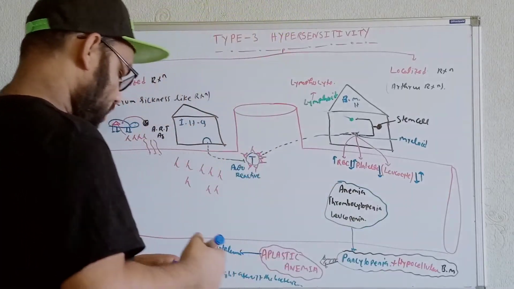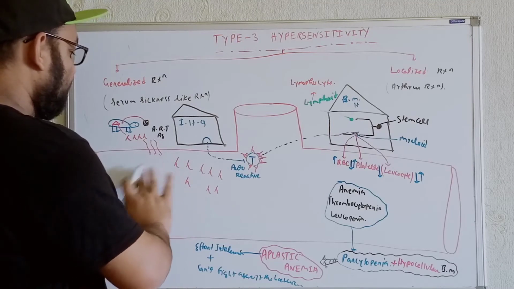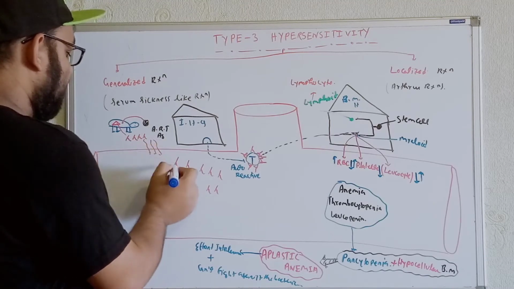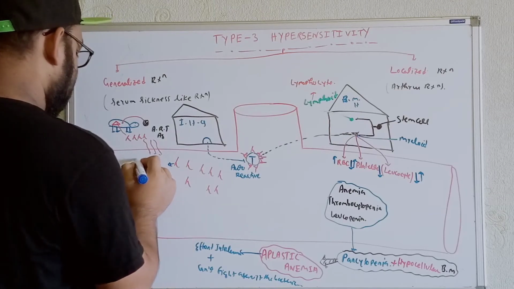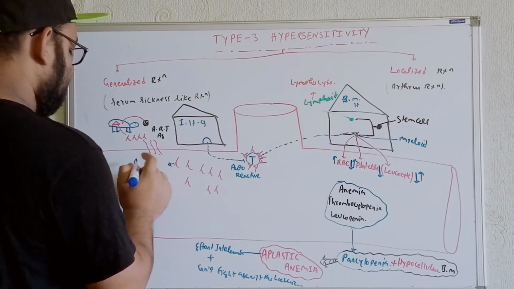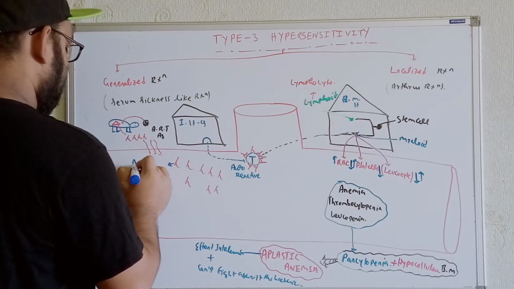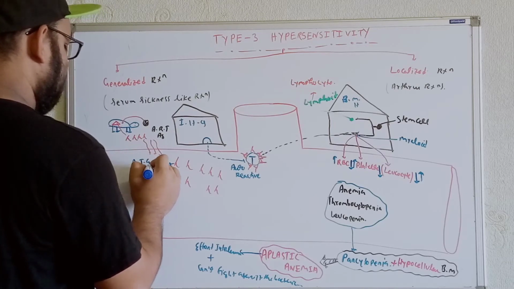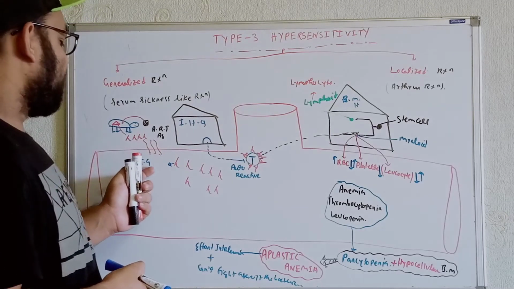Whenever using the autoreactive, that means we are producing these antibodies. They are known as ATG, that means antibody against the thymocyte globulin, against the thymocytes.